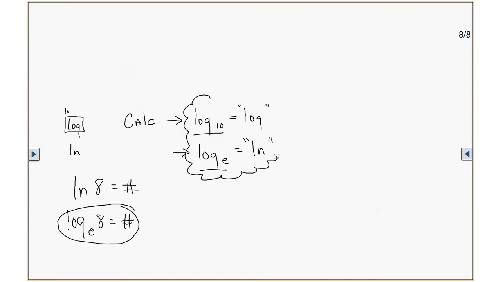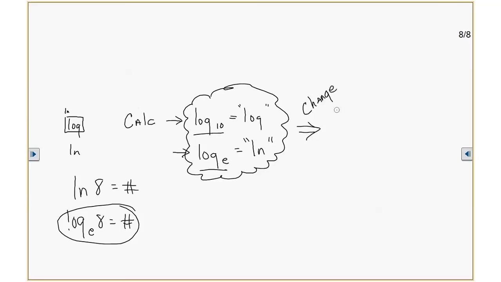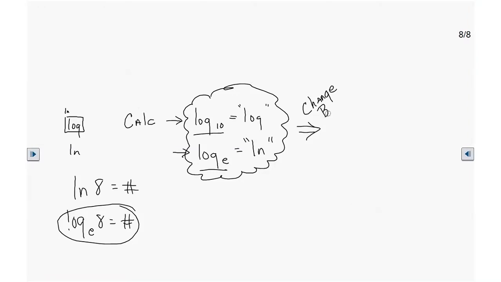So the only way to calculate is with these two. Now, that leads us to the change base formula. I'm going to do it now because we're talking about these two, the only things that the calculator can calculate. This is called the change base formula.